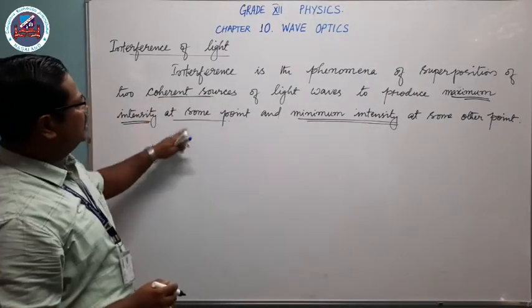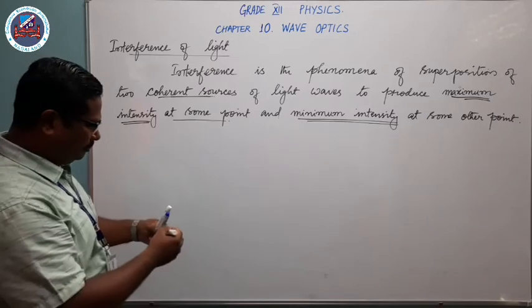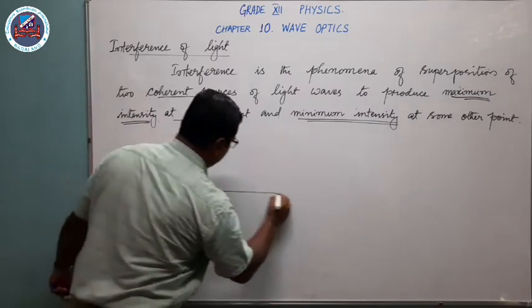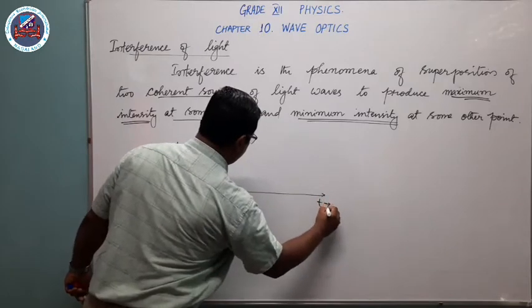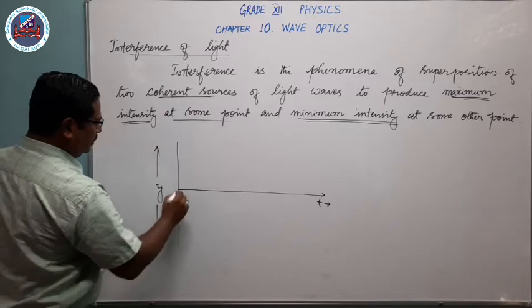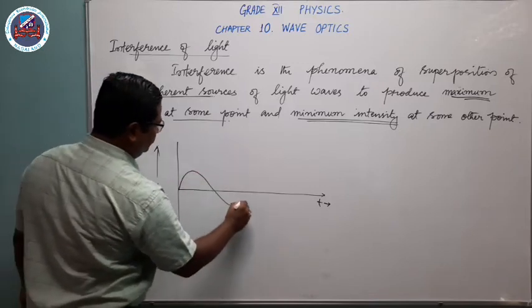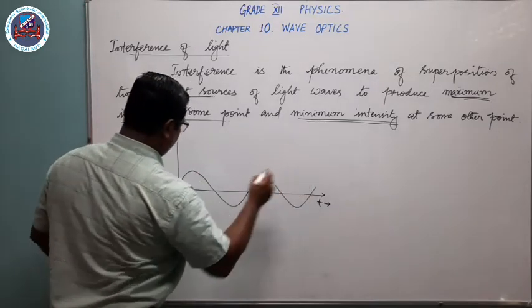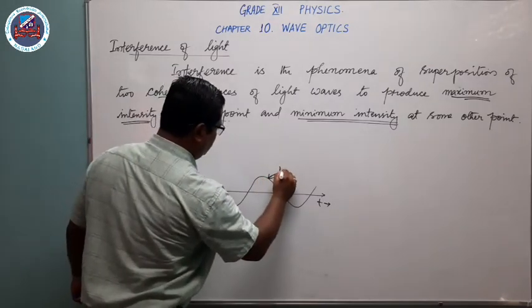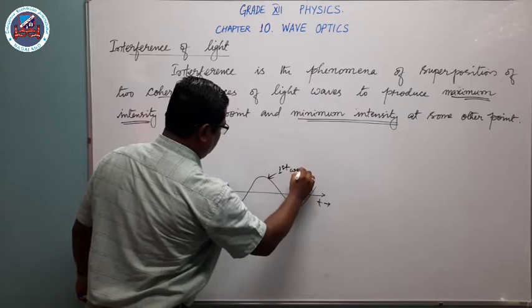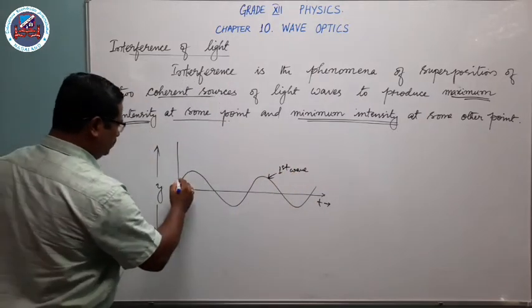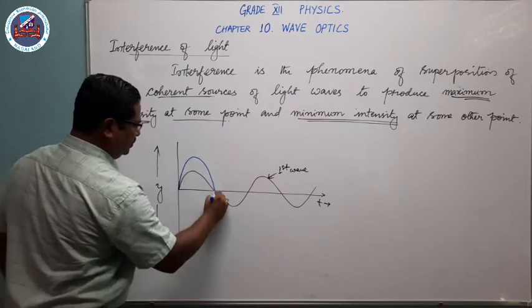Now let us try to understand this diagrammatically. Diagrammatically, if I draw one constructive interference, this is your displacement, we represent with y. Suppose this is your first wave, and then this blue line that you can see, it is your second wave.